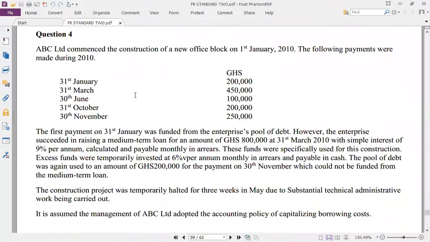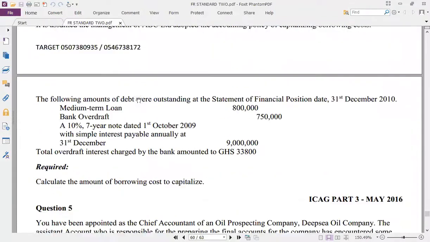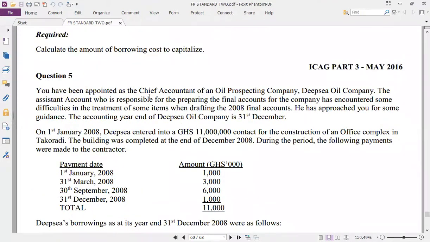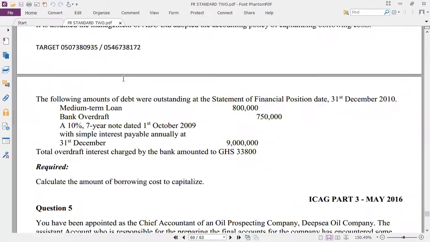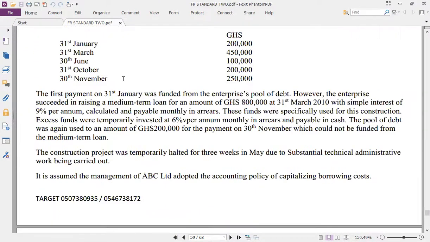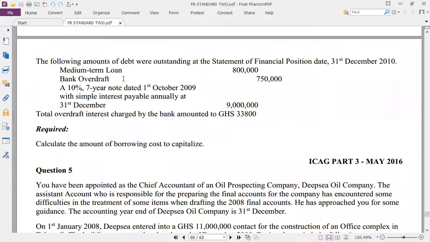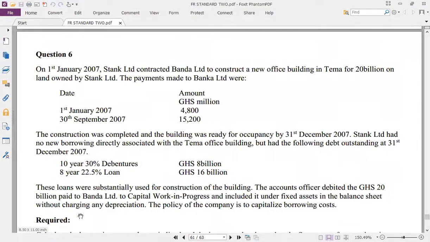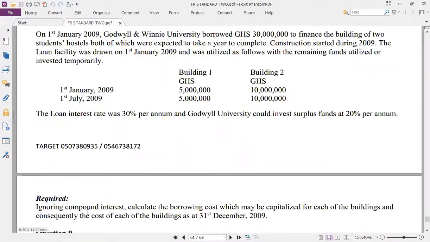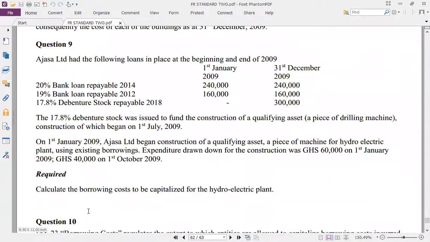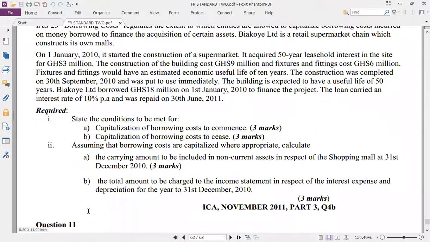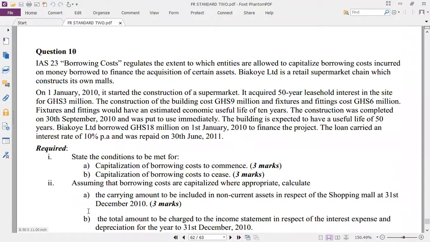Good. So I'll do question 4, and then as usual, if I do one, you do one. Then you do question 5. So can you write the questions that you are doing now? You are doing question 1, you are doing question 5, and then you jump. Don't try any question again. Go to the last one.